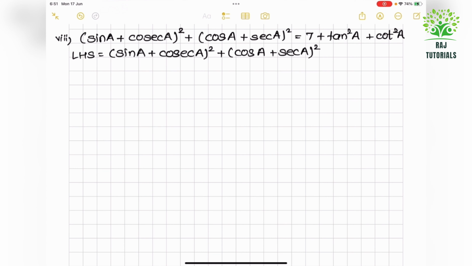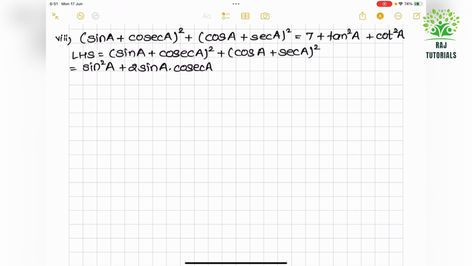Now next one I am given (sin A plus cosec A) whole square plus (cos A plus sec A) whole square equal to 7 plus tan square A plus cot square A. So here also first I will take LHS. I will expand the whole square brackets, so I will get (A plus B) whole square.